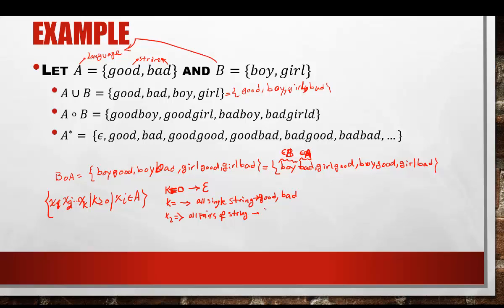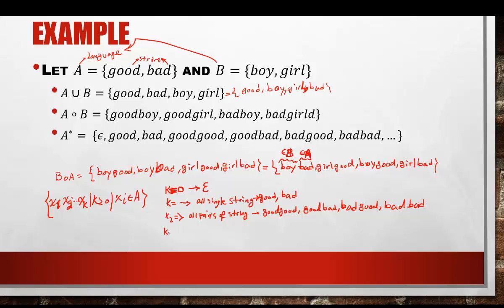So in my case, it could be good and another good, good and bad, bad and good, bad and bad. Every pair of the strings that you have. Since I have 2 in my original set, I've got 4 combinations of these pairs of strings.